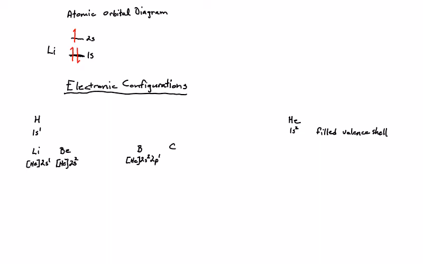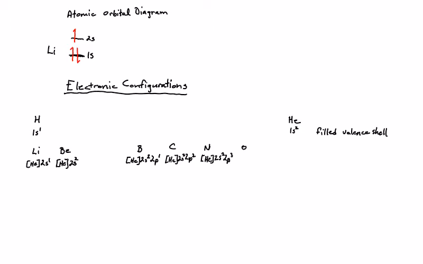Then we get to carbon, which is a helium core, 2s2, 2p2. And we get to nitrogen, and this is where things start looking a little bit weird, and that's because the p orbital can hold more than 2 electrons, so this is going to be 2s2, 2p3.